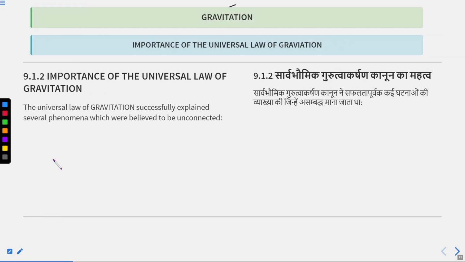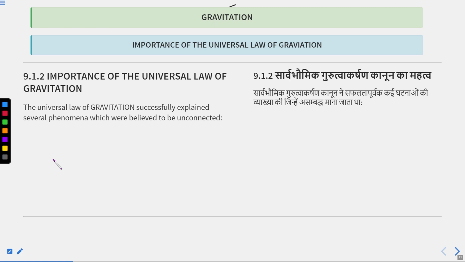Now, the next topic is: what is the importance of the universal law of gravitation? The universal law of gravitation helps us explain why we are attracted towards Earth, why the Moon revolves around the Earth, and why planets revolve around a star.